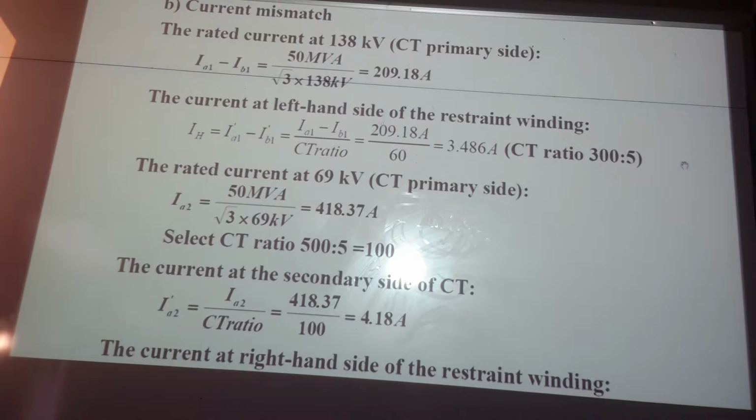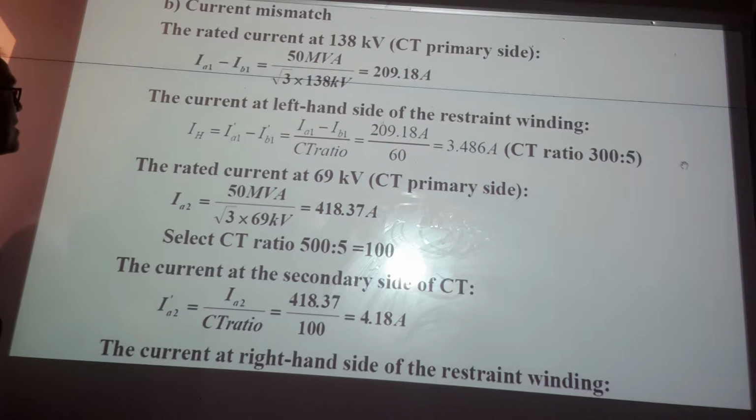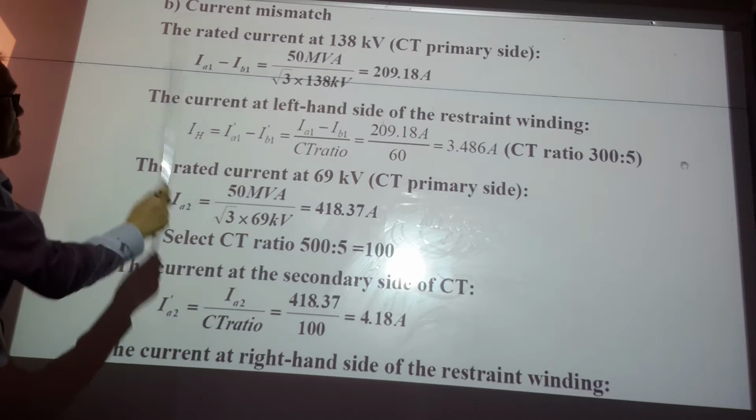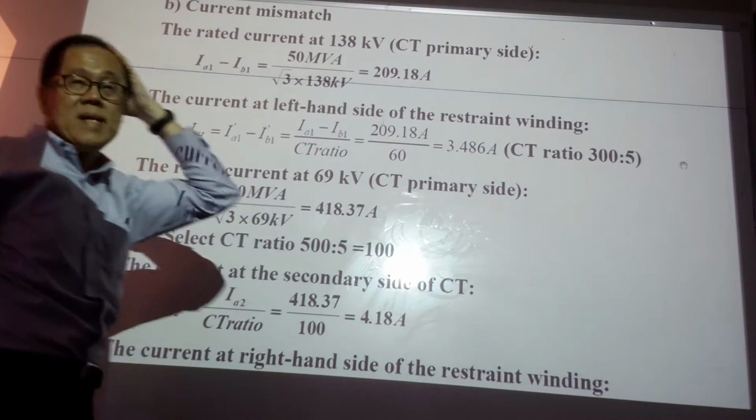If we assume that S is maximum, which in this case the rating is 50, then you can compute the line current. So this is our I line, S over root 3 times V line. We are computing for the primary side, that means the high voltage side, and it turned out to be about 209 amps.